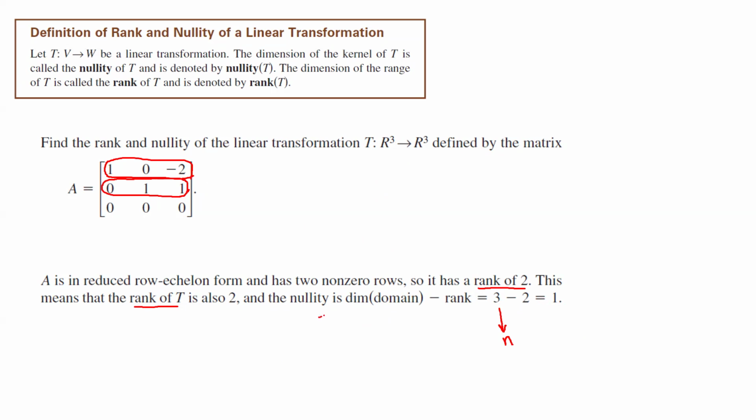So the nullity is equal to 1. If you have a matrix, make sure to write it in reduced row echelon form, find the number of non-zero rows to find the rank of T. Finding n is very easy, right? n is the dimension of the domain. Then do the subtraction to find the nullity.